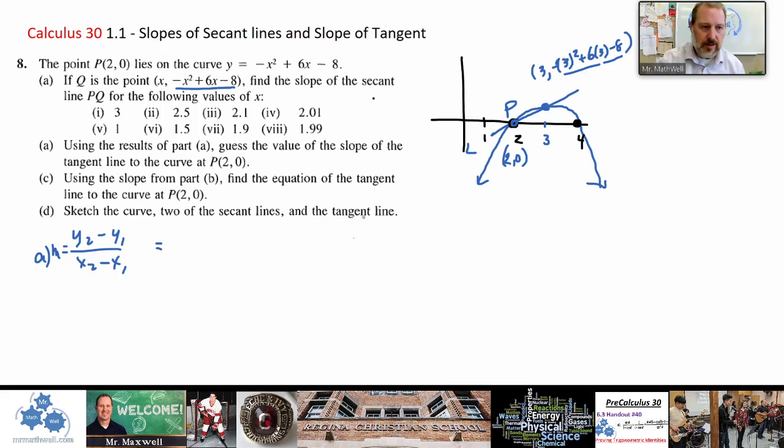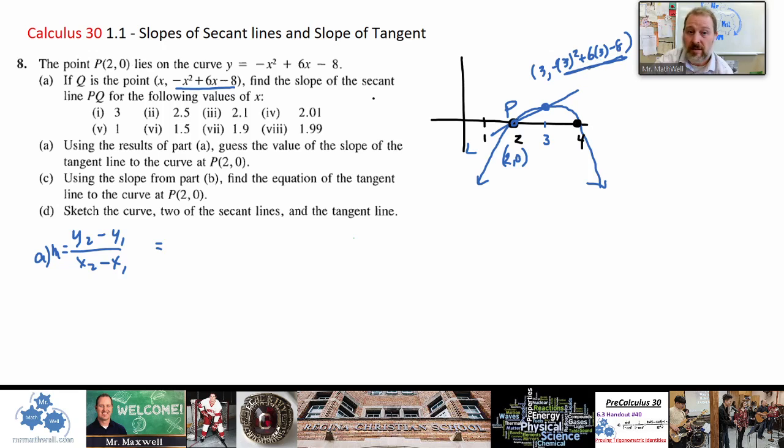So y2, okay, here we go. I'm going to do it the long way first so you can understand. So y2 is this value here. So what is that? That's negative 9, okay, plus 6 times 3 is 18. So negative 9 plus 18 is positive 9, right? Minus 8.